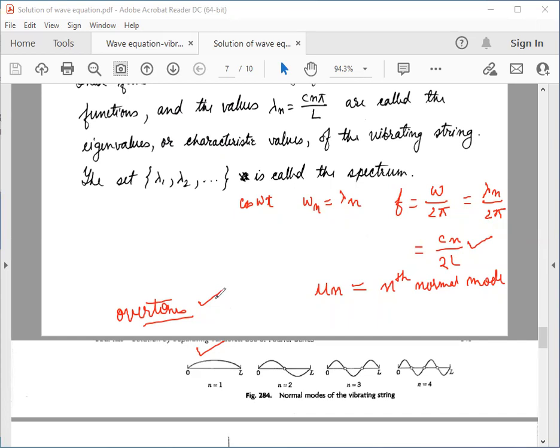And in music study, these are called octave plus fifth, and so on. Okay. And then we just had that sine n pi x by L equal to 0.